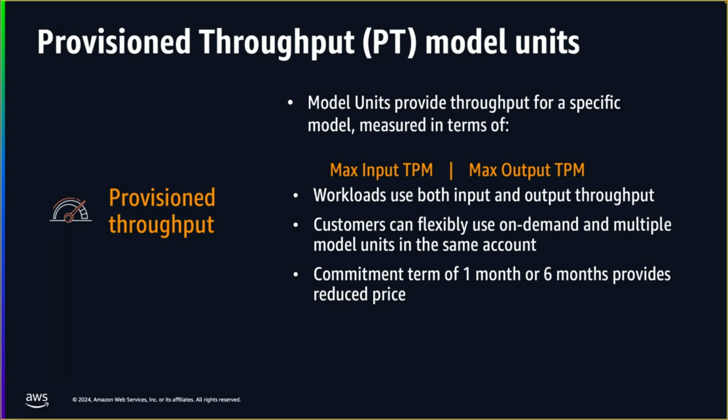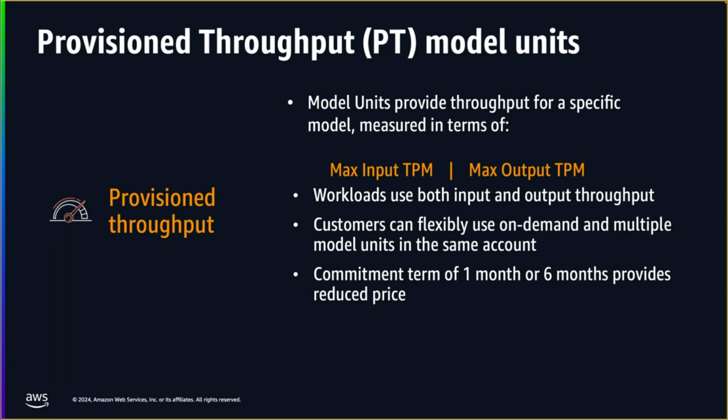So one model unit will translate into different max input TPM and max output tokens per minute for different models. So it's a bit complicated math. If you are in use cases where you consider using provisioned throughput, please reach out to your AWS representative, your account team, your account manager, or technical account manager. They will help you calculate, for a particular model, how many model units you might need to use. So this part is not trivial, so be aware of it.